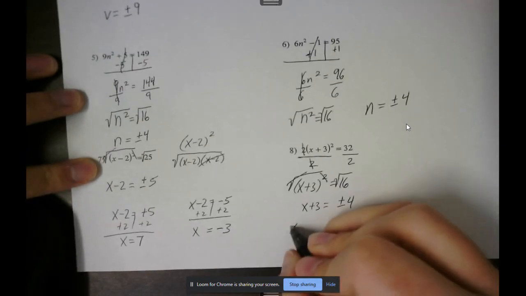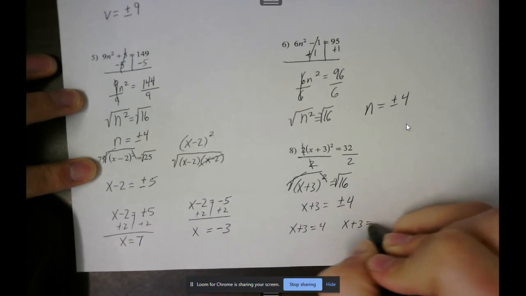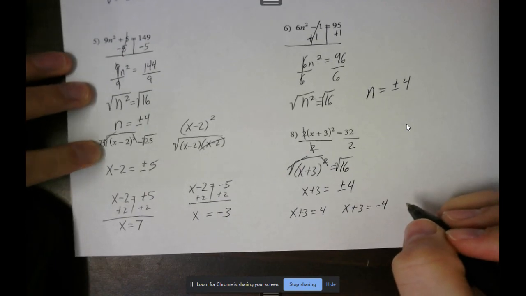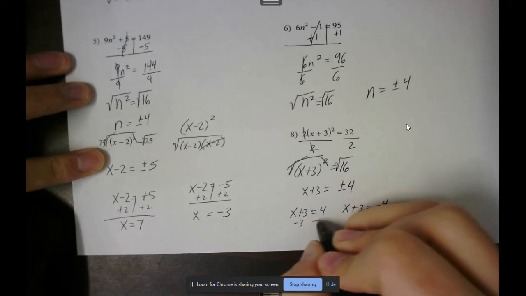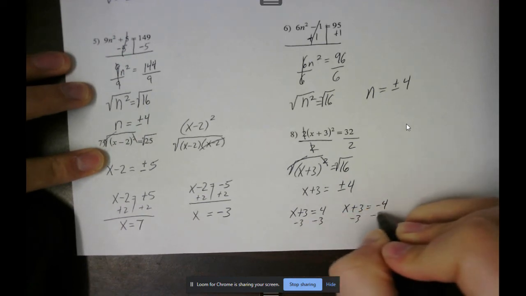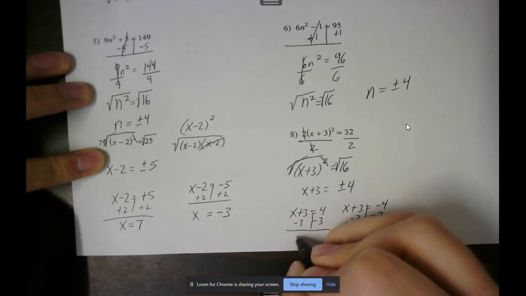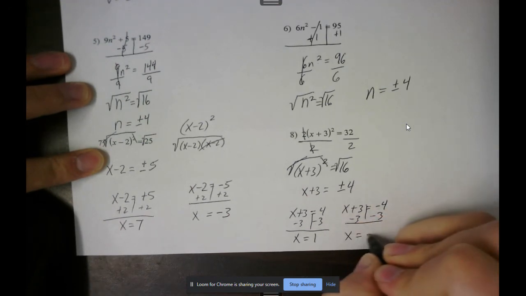So I have x plus 3 equals 4 and x plus 3 equals negative 4. And then what would I do to finish each one of those up? Subtract that 3. Perfect. Do that on each one. So I end up with x equals 1 and x equals negative 7.